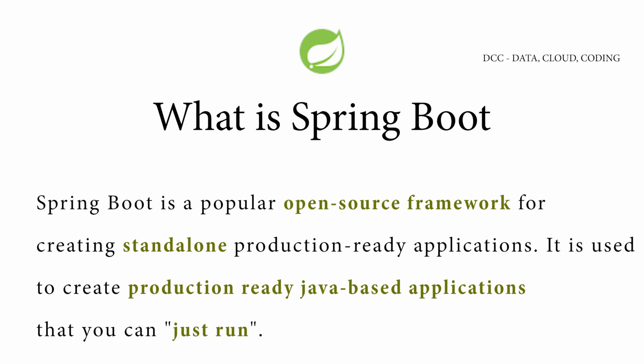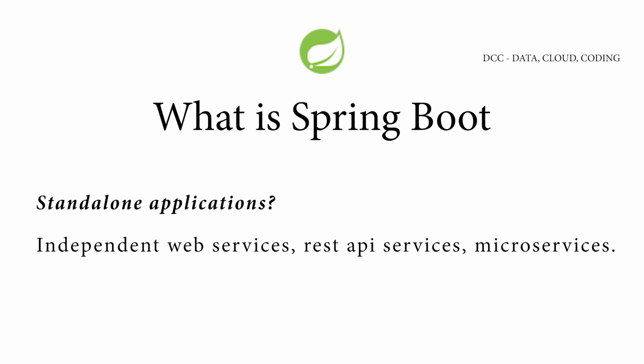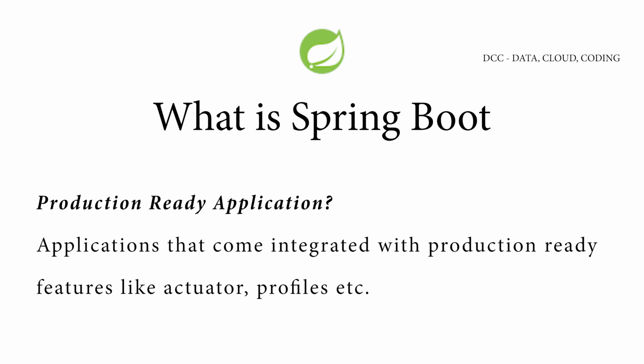Now let's try and break the terminologies. So what do you mean by standalone applications? Standalone applications means independent web services, REST API services, or microservices. And what do you mean by production ready application?